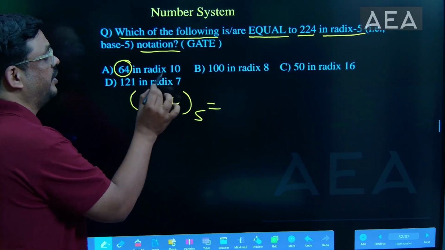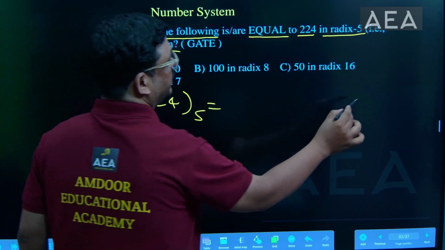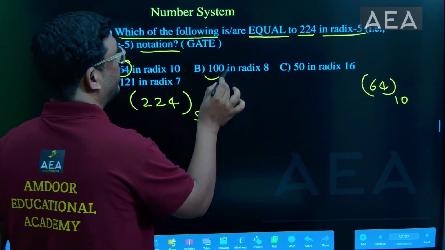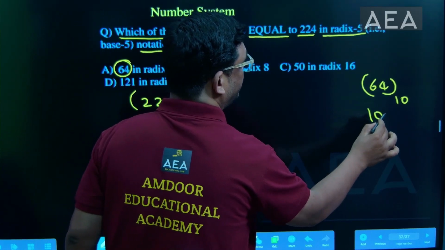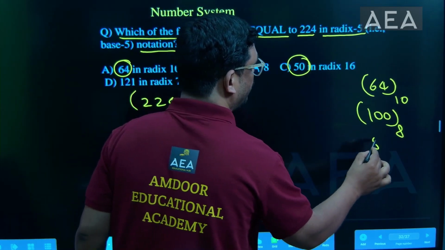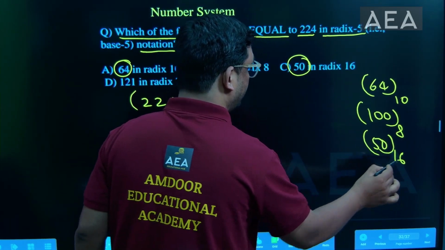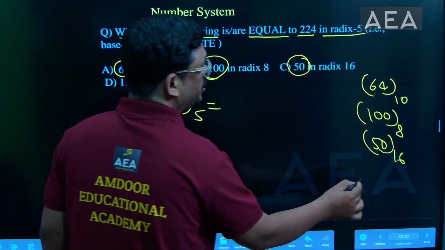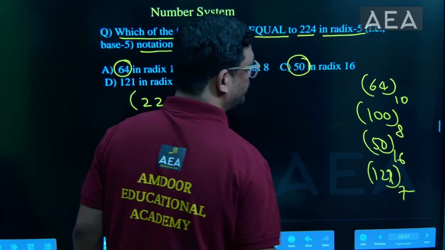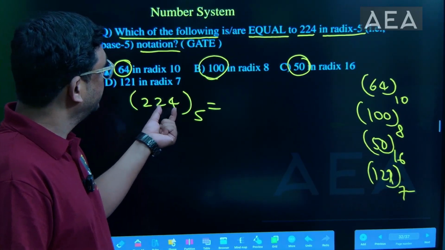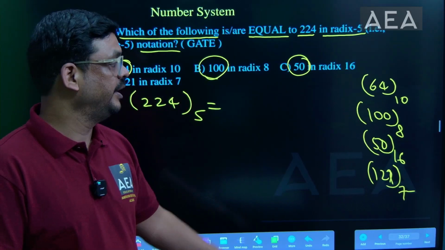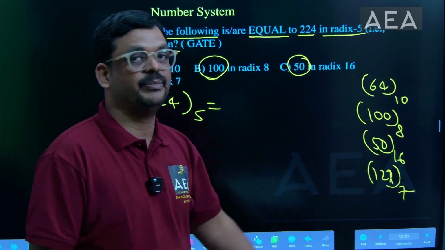One is 64 with radix 10, one more number 100 radix 8, another number 50 with radix 16, and one more number 121 with radix 7. So we have to identify this base 5 number is equivalent to which number here: base 10, base 8, base 16, and base 7.